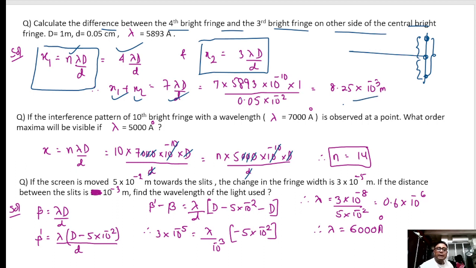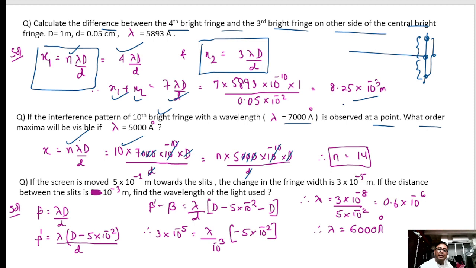If the interference pattern of 10th bright fringe and wavelength given is observed at a point, what order maxima will be visible if lambda is this? So 10th bright fringe distance, n equal to 10, we get that distance. This is the wavelength. So the question says the interference pattern for 10th bright fringe is observed.